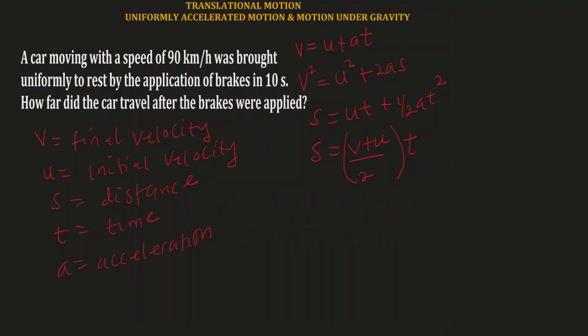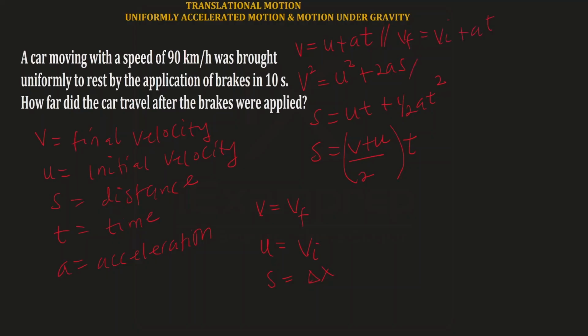Now in some textbooks, you do not see them this way. V is written as VF, which is final velocity. U is written as VI, which is initial velocity. And S is written as change in X, which is change in displacement. So you might see the first equation as V final equals V initial plus AT.